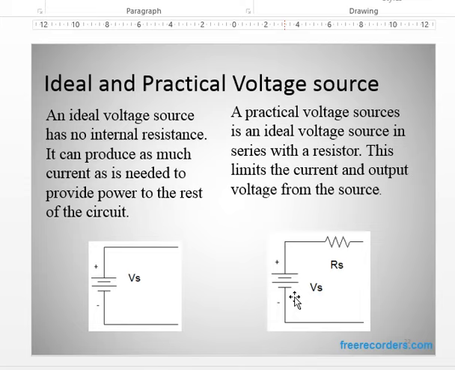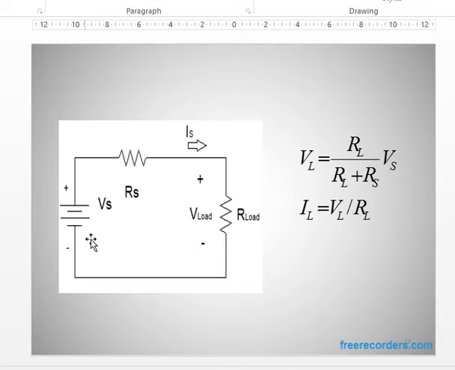So this is a practical voltage source and this is an ideal voltage source. If Rs is 0, then it becomes the ideal voltage source. This is a voltage source, the internal resistance of the voltage source, and here a load resistance RL is connected.